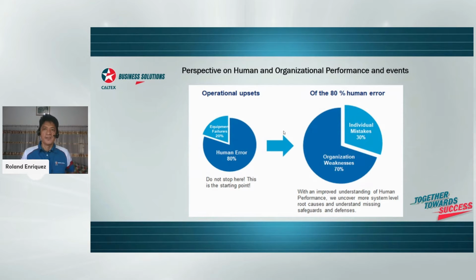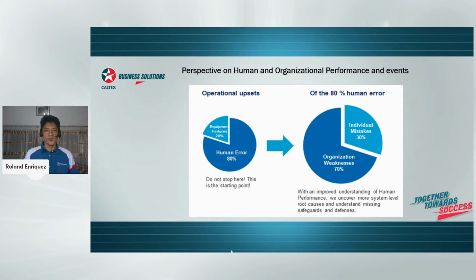Just like any other company, we investigate those incidents. The main reason is we don't want it to happen again. We want to prevent recurrence, which is really the main objective. And this is what we found out.